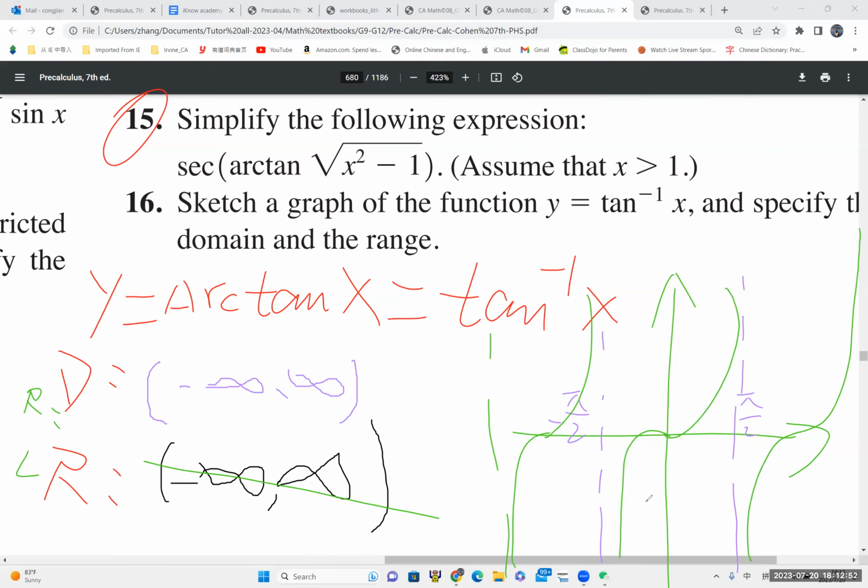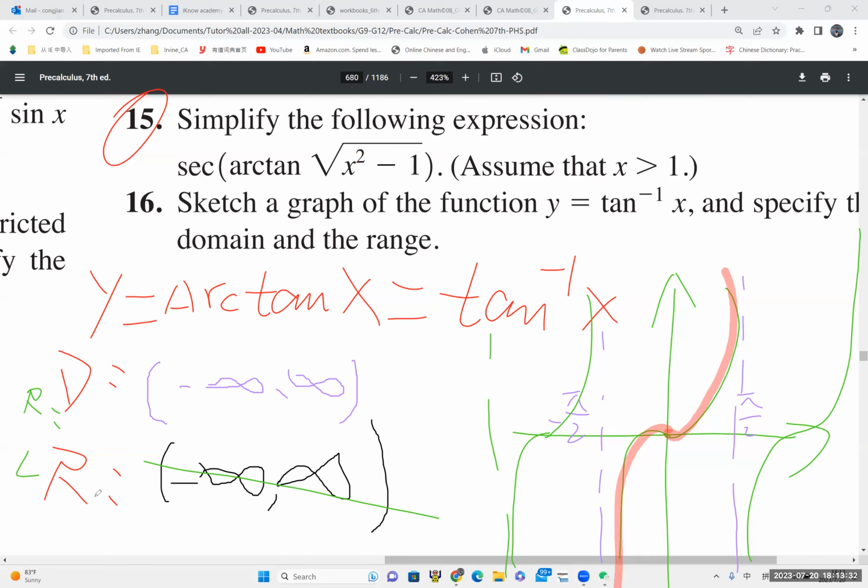Which interval will we choose for the inverse of tangent? As we mentioned, we always include 0 to pi. Then we have two choices. One is we choose this, another is we choose this. To make it convenient, of course we choose this, from negative half pi to half pi.